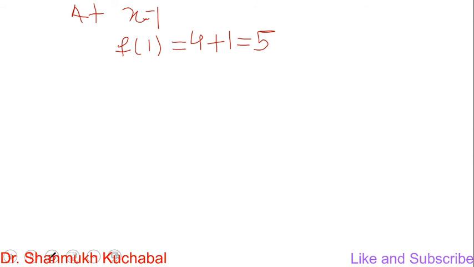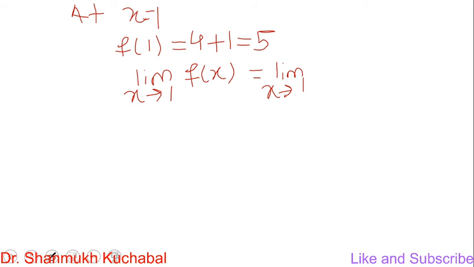So now we'll consider limit x is tending to 1 f of x. So this is equal to limit x is tending to 1 of 4x plus 1. So we'll observe that at x equal to 1, 4 plus 1, so we get this is equal to 5.